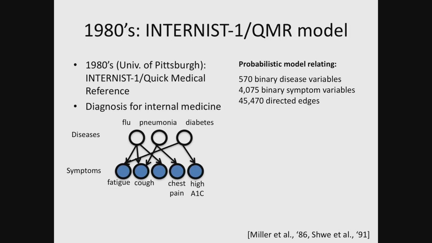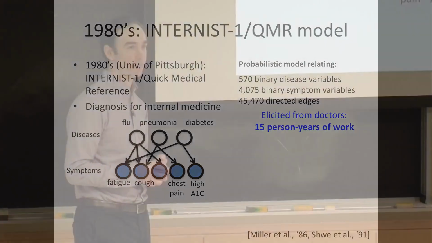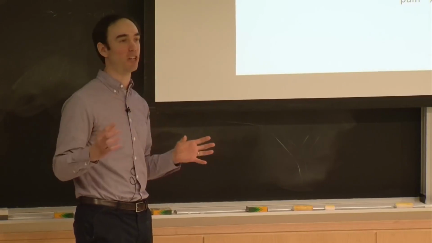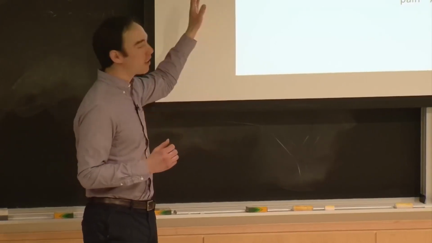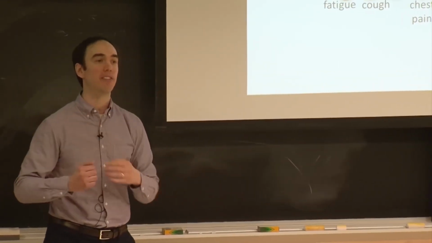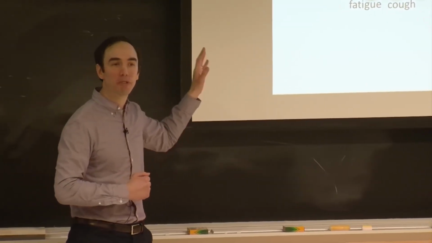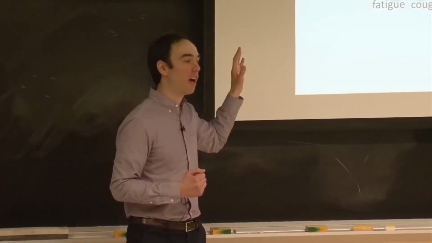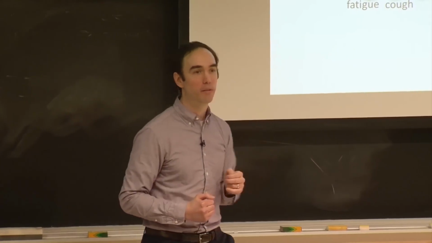And this knowledge base, which was probabilistic in nature because it captured the idea that some symptoms would only occur with some probability for a disease, took over 15 person years to elicit from a large medical team. Right, so it was a lot of effort, and even going forward to today, there have been few similar efforts at a scale as impressive as this one.